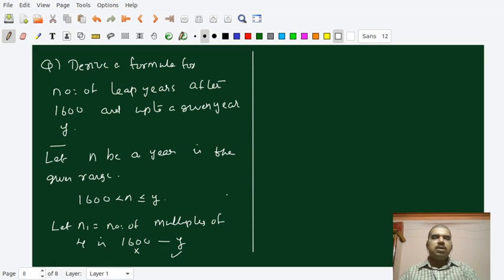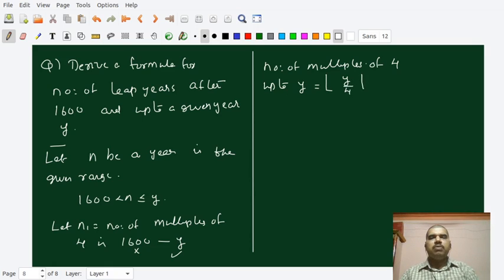So what is n1? For finding the number of multiples of 4 up to y, we need to just take the number of multiples of 4 up to y, which is equal to y by 4, the floor of it.